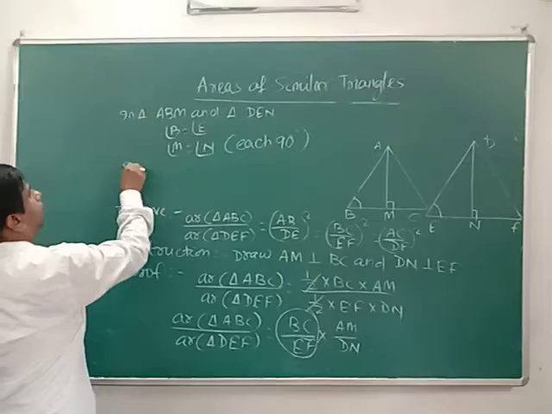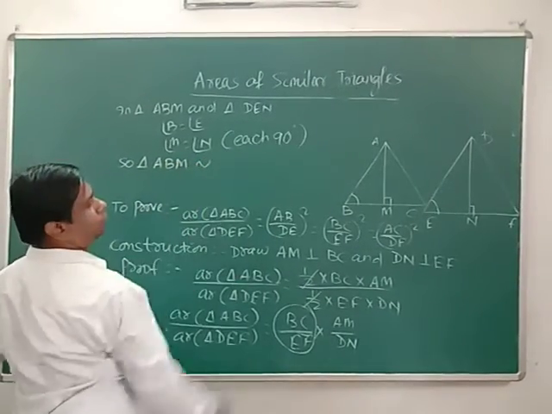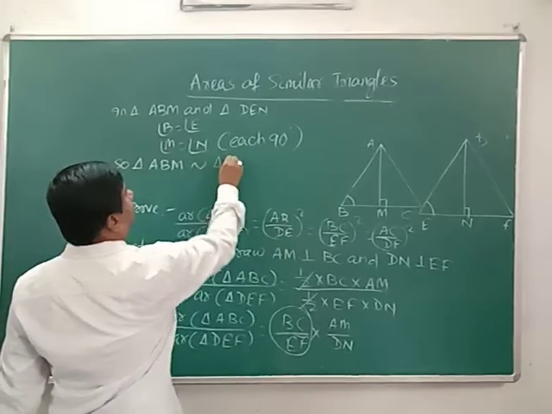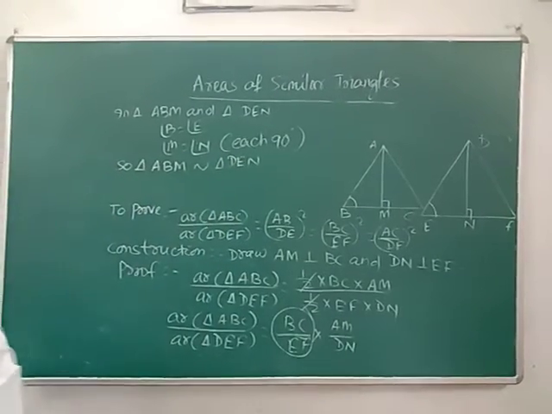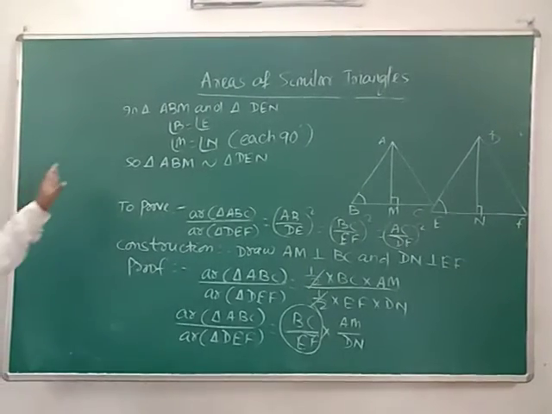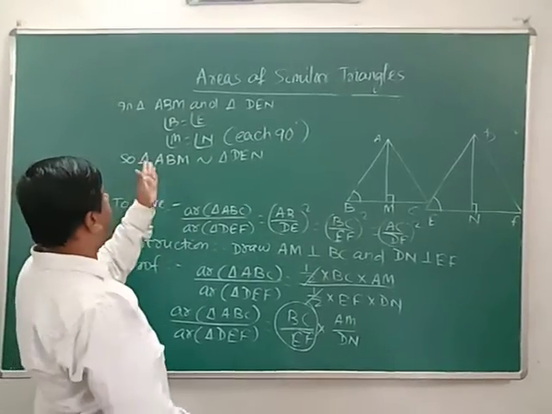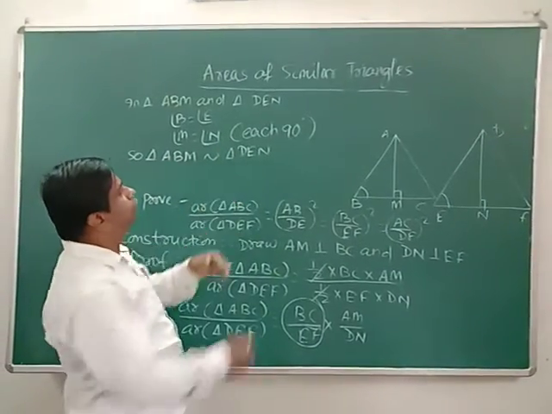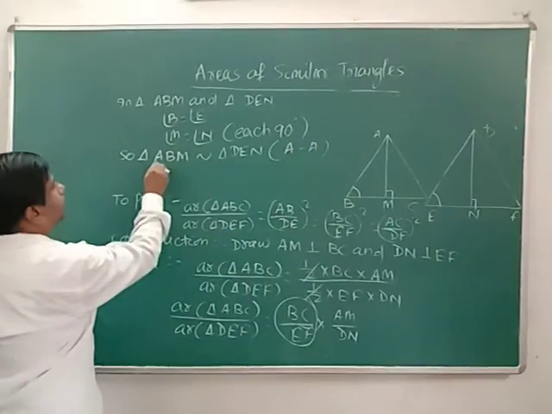So triangle ABM is similar to triangle DEN. I have told you, you have to write with corresponding vertices. Don't write as you want; you have to write symbolically with the corresponding vertices. So ABM is similar to DEN, by the AA criterion.